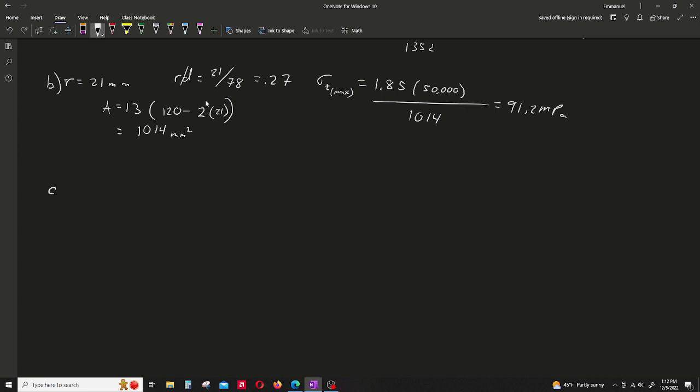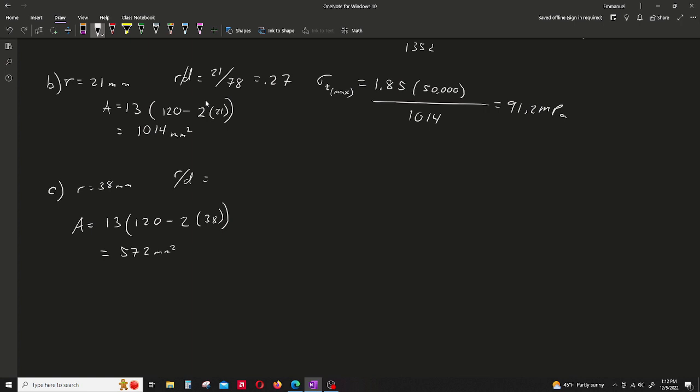And then lastly C, which is 38 millimeters. Again, we'll need A for the area, which will be 13 by 120, and then subtract out these guys here by 38. And so therefore the area is 572 millimeters squared.